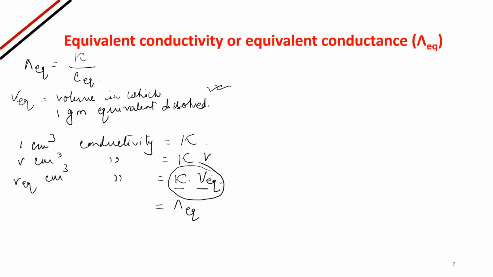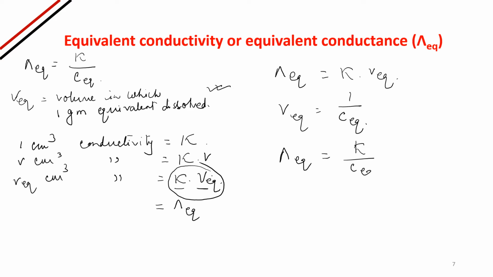I am getting lambda EQ is equal to kappa into V equivalence. Now, V equivalence is equal to 1 by C equivalence, the concentration. So, in place of V equivalence, I can write lambda equivalence is equal to kappa by C equivalence. Am I clear to you? So, I am getting this formula.